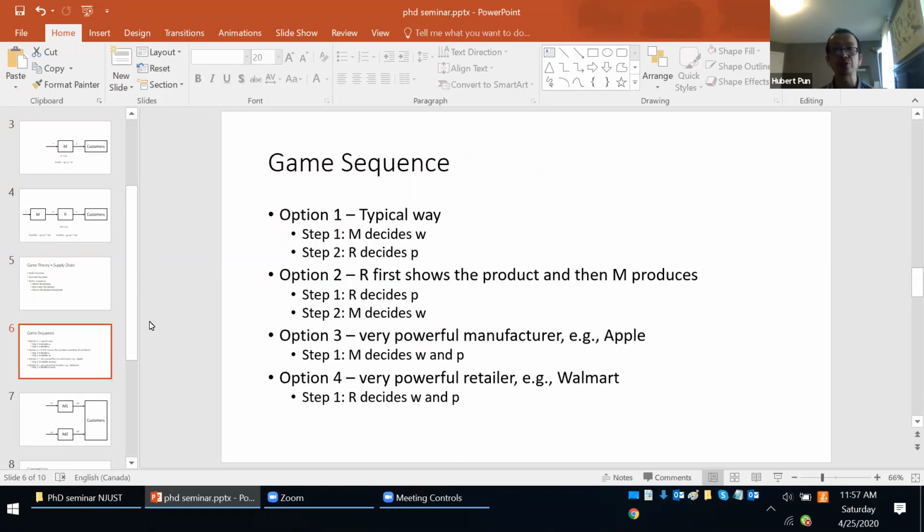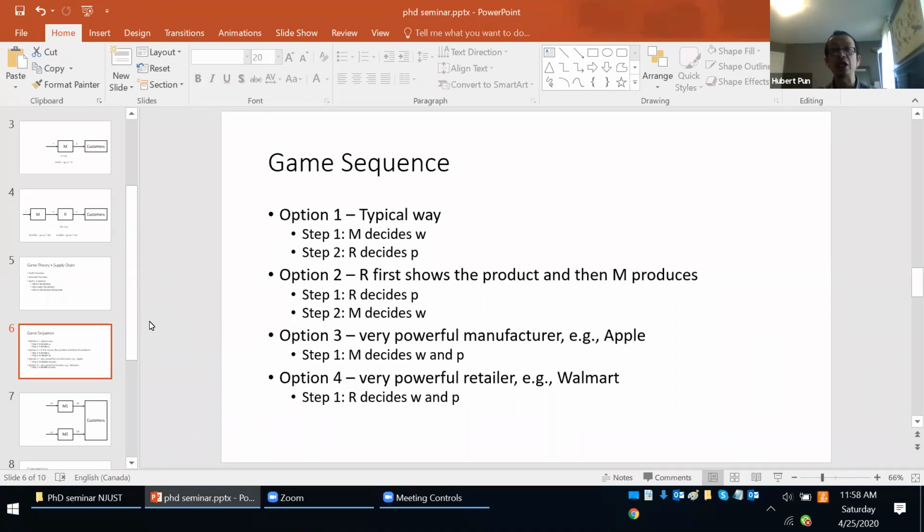It depends on what is the story that you want to tell. If the story you want to tell is a typical story, then the game sequence would be option number 1. But if the story is that the retailer first has a proof of concept and asks a manufacturer to produce the product, then the game sequence will be option 2. If the story you want to tell is that there's a very powerful manufacturer, which is Apple, then based on the story, you should use option 3.